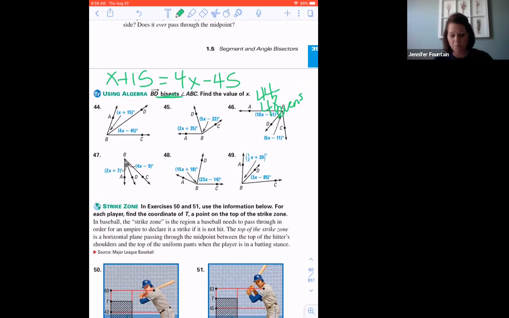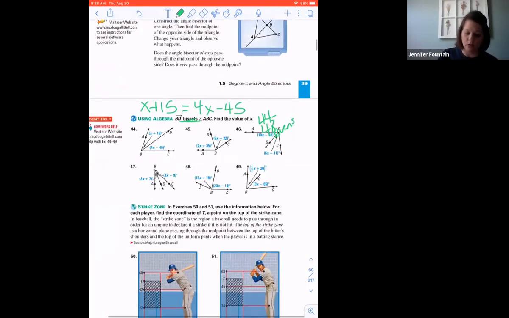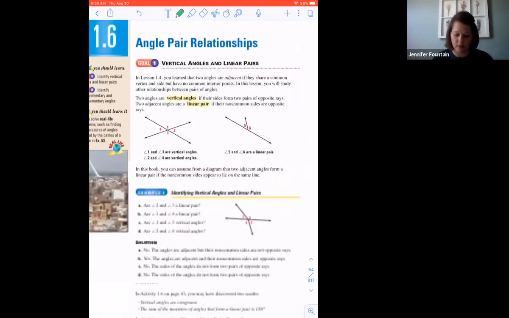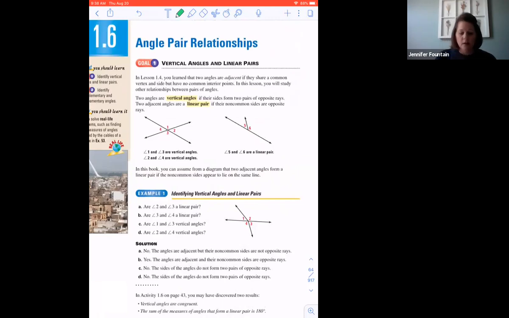Okay, any questions about our assignment so far? Everybody good? All righty, so we are going to move along over to page 44. This is section 1-6, angle pair relationships. Angle pair relationships.